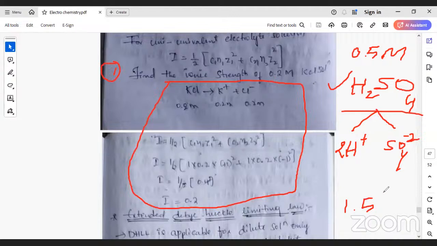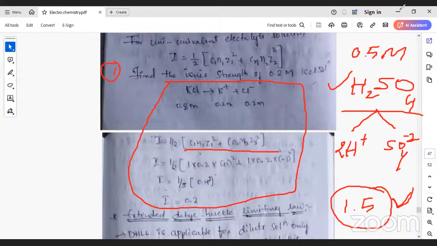What about the remaining? Simple. This is the formula. In this formula, you have to substitute all those things. The first term belongs to H plus and the second belongs to SO4. Right. Anyone getting 1.5? Any others? The ionic strength 1.5 is the correct answer.